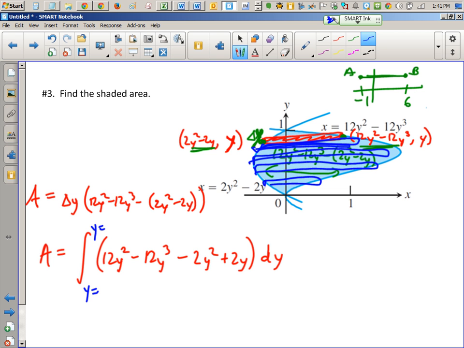Stacked one on top of the other. And the bottom one is at what y value? The very first rectangle down here is at 0. And if you sketch them all in, where's the highest one? 1. At 1, right. So the limits of integration are 0 and 1. You don't want to use any x's for your limits of integration if you're doing a dy integral, see? So we're going to go from 0 to 1.